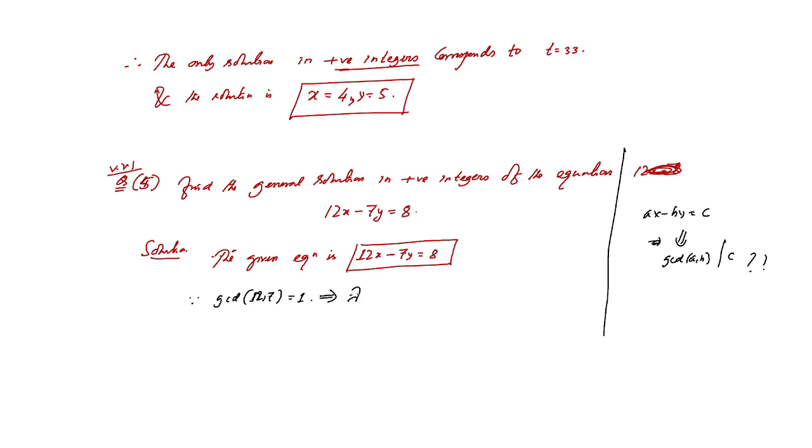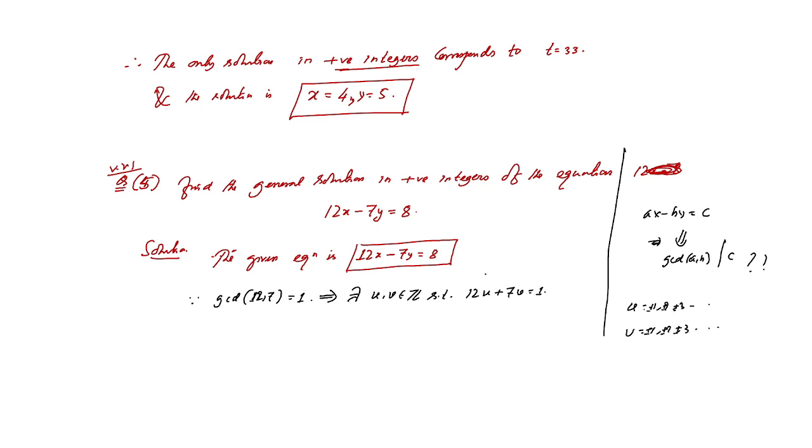So from that we can write there exist integers u and v belonging to Z such that 12u plus 7v must be 1. Now you need to find u and v. You can try putting u equals 1, 2, 3 and so on, and v equals 1, 2, 3, and also plus minus values.